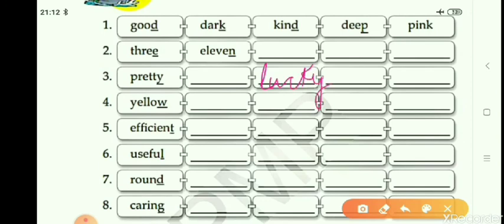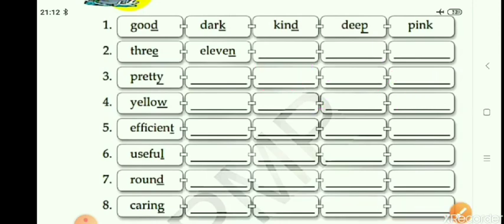Then the next word should start with Y, so it can be yearly, Y-E-A-R-L-Y. The last letter is Y, so the next word should start with Y. We can write young, Y-O-U-N-G, young. Okay. Third one is done.